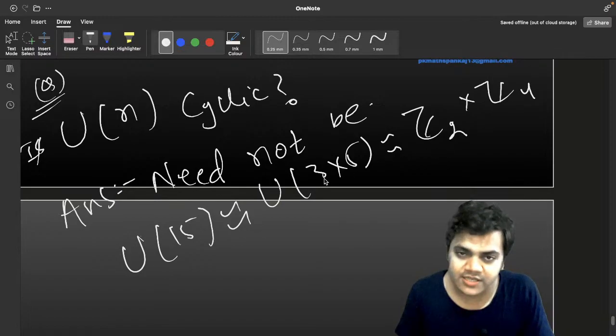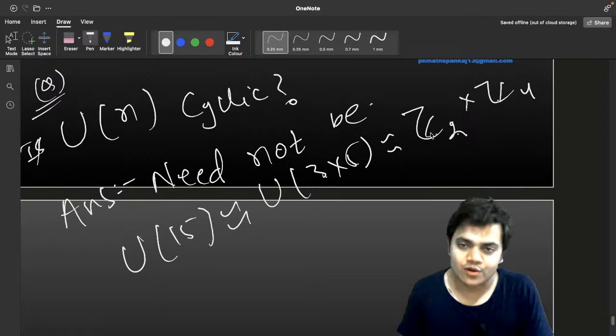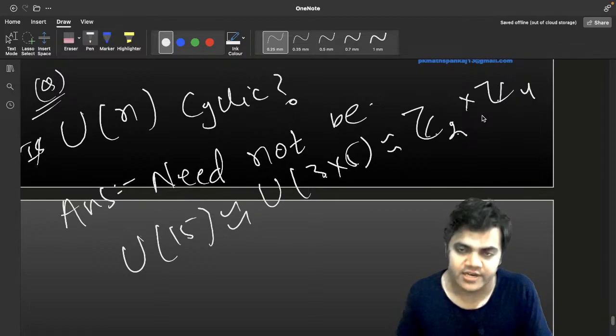How? Because U(3) times U(5): U(3) is isomorphic to Z2, and U(5) is isomorphic to Z_(5-1), that is Z4. Therefore it will be isomorphic to Z2 cross Z4.